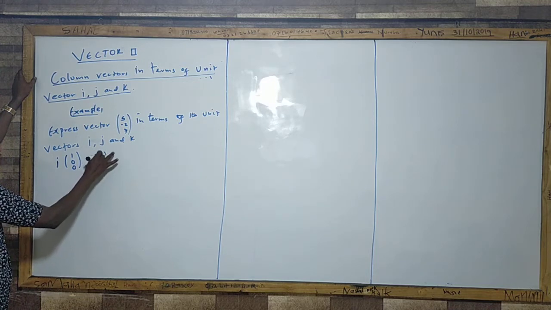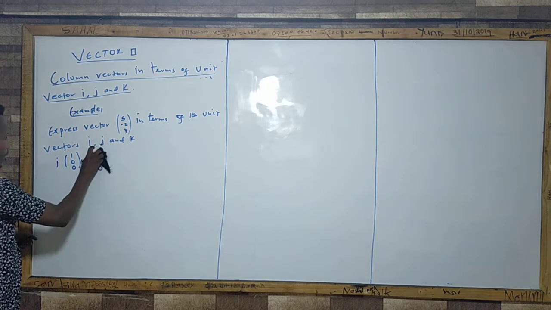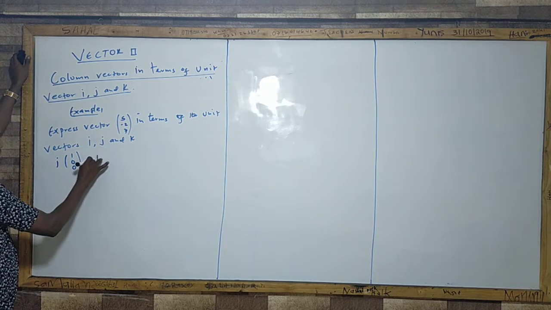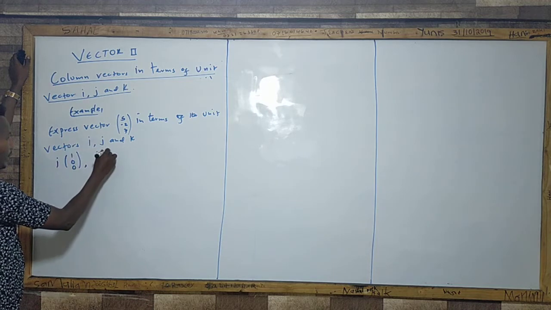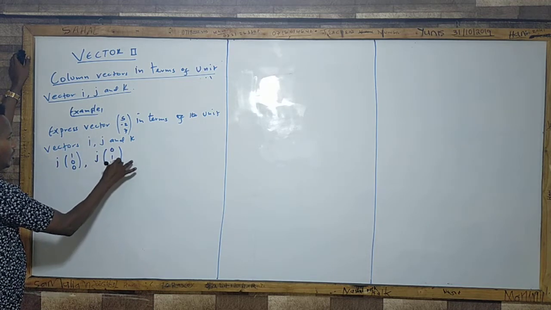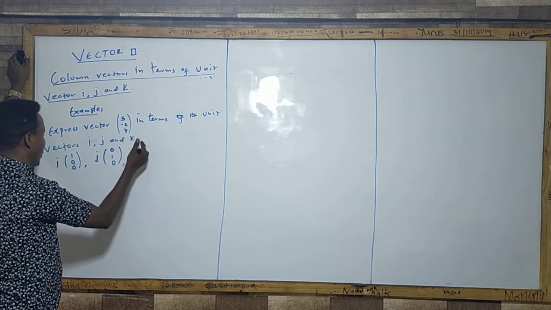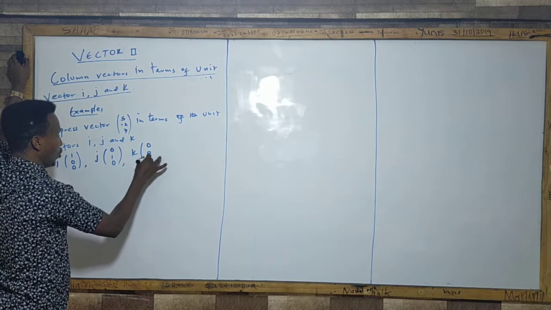This is for J. J is the middle one, so the middle one will have the value 1: 0, 1, 0. Then your K is the last one, it will be 0, 0, 1.